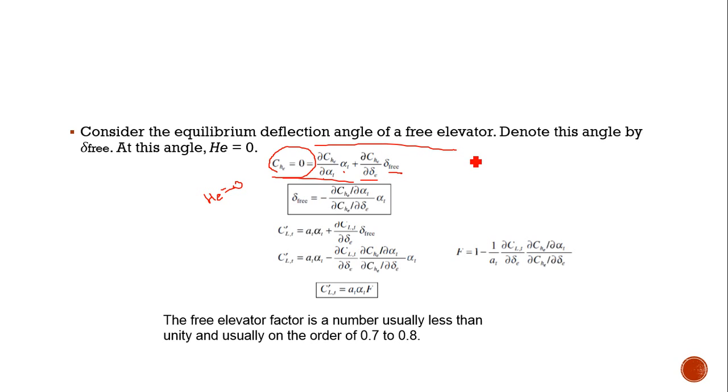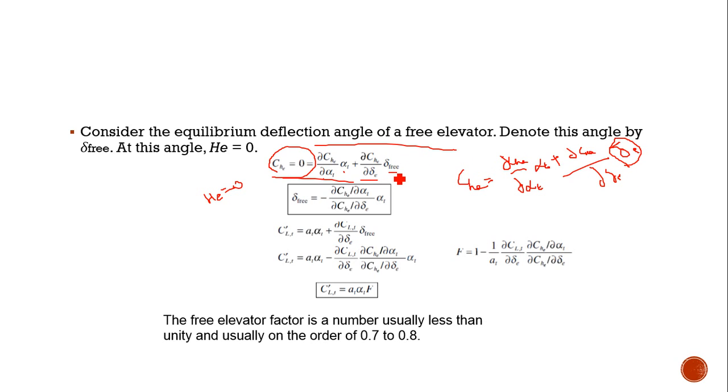So for a normal elevator hinge, the formula will be CH equal to dou CH divided by dou alpha t into alpha t plus dou CH divided by dou del E into del E. Here this del E is changed to del free.